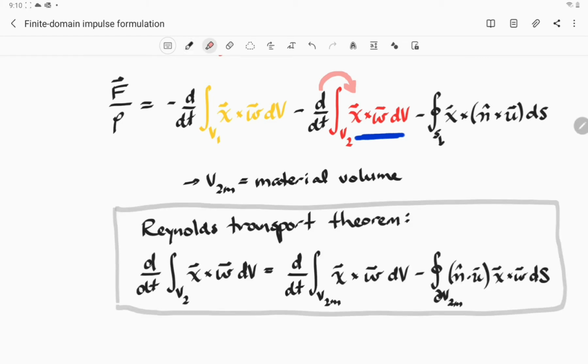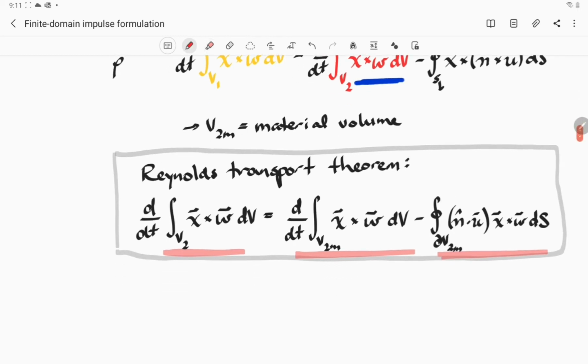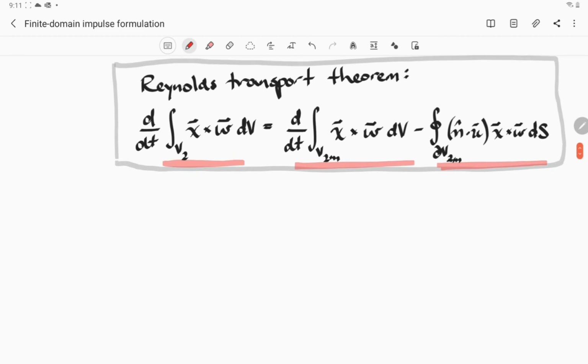So we have here that the time rate of change of impulse in the fixed control volume is equal to the time rate of change of the impulse in the material volume minus this flux term. So we have the flux of impulse leaving the domain. Let me just add a little sketch to remind us of the distinction between material volumes and static volumes.